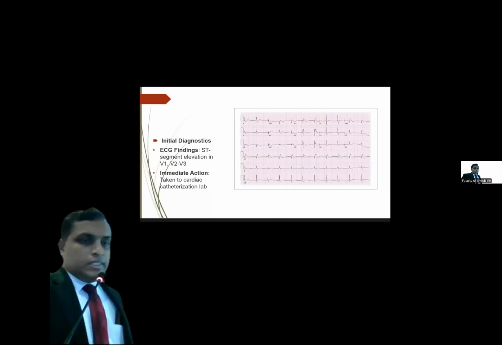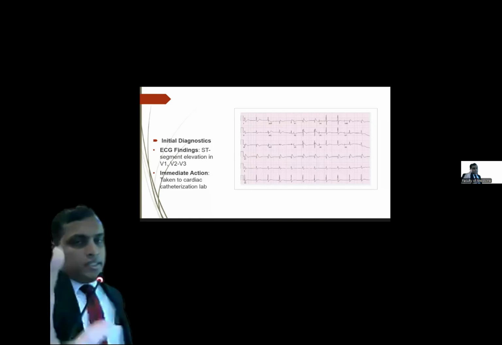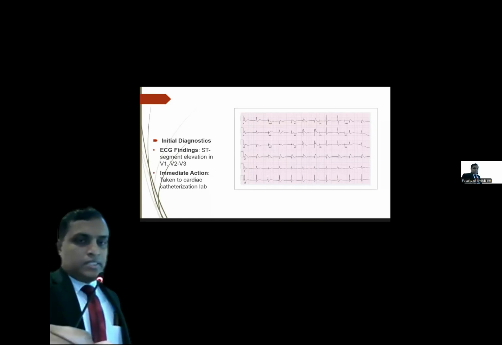The ECG showed coved ST segment elevation in V1. Other than that, this patient previously had right bundle branch block, and V2, V3 also have ST elevation.